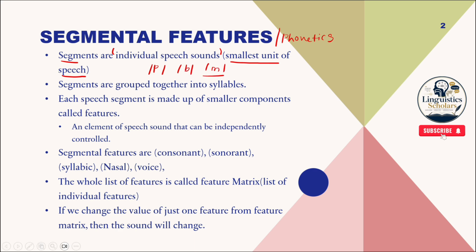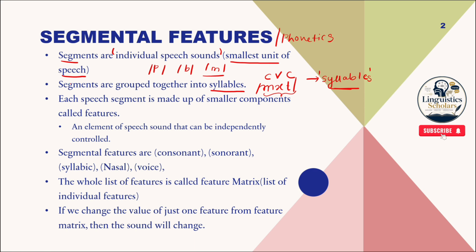Segments are grouped together into syllables. When I say mat, as you can see, there are three segments: consonant, vowel, consonant. It becomes a syllable. So it is clear that segments are grouped together to form syllables.